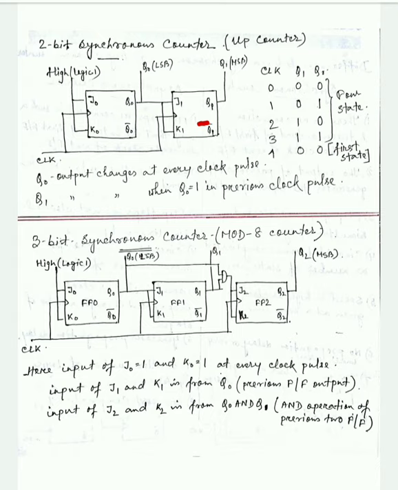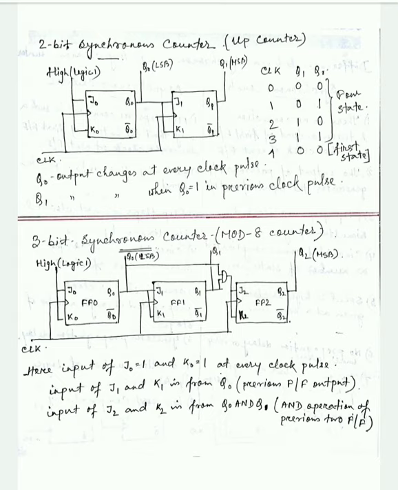Okay, so this is the input of the two flip-flops, and you see here the same clock pulse is given to both flip-flops. Okay, this is the construction, and we get the output. The first flip-flop's Q0 is from here and Q1 is from there.